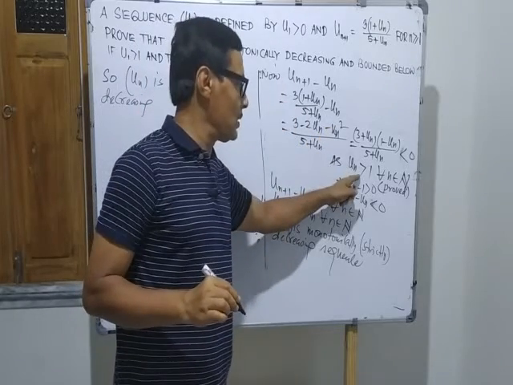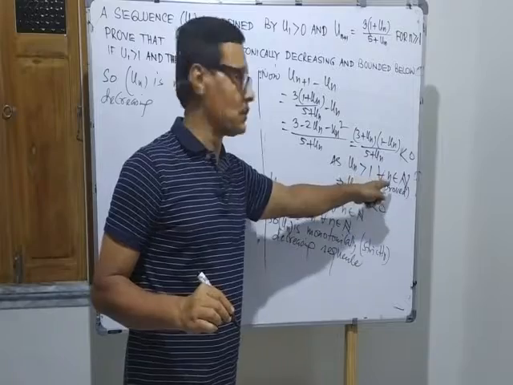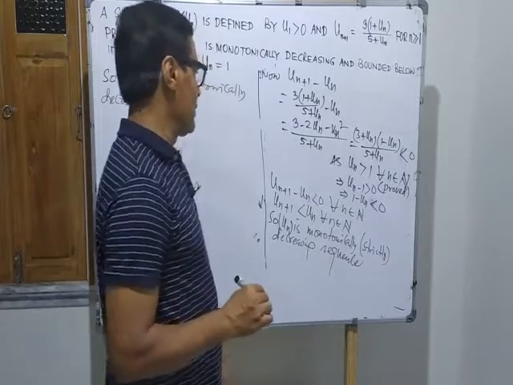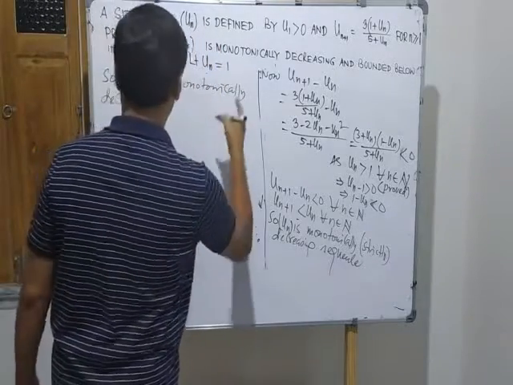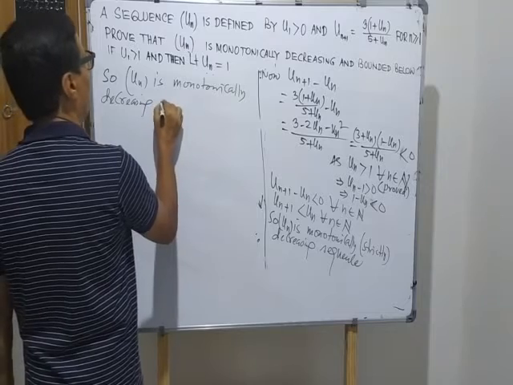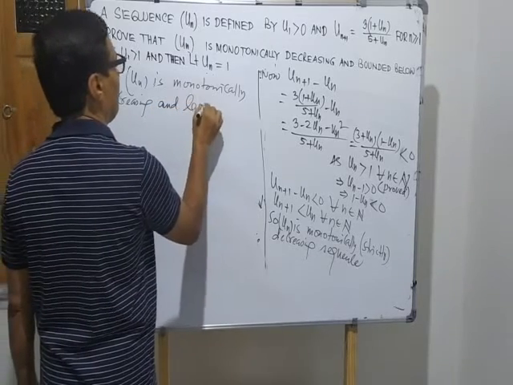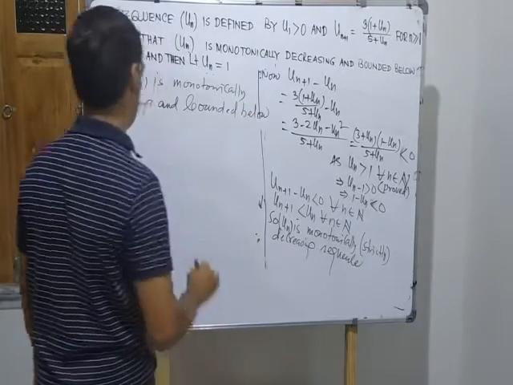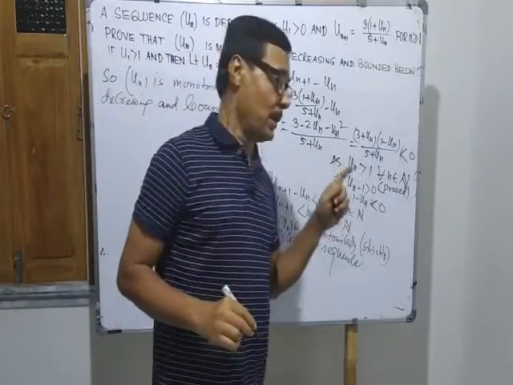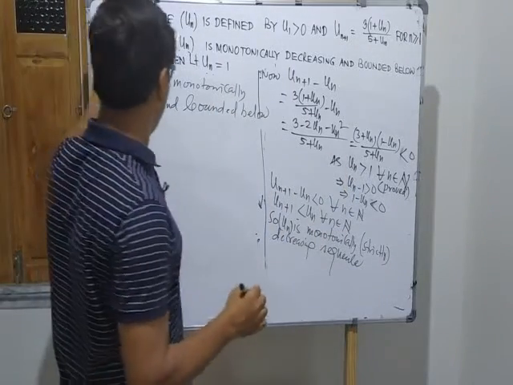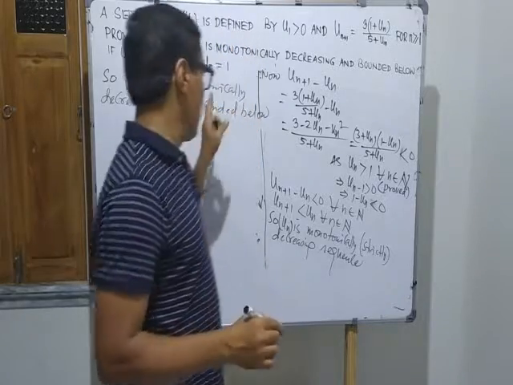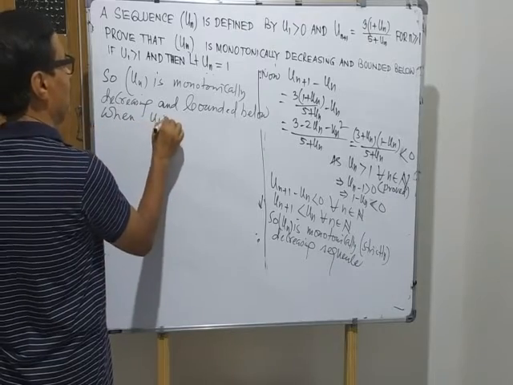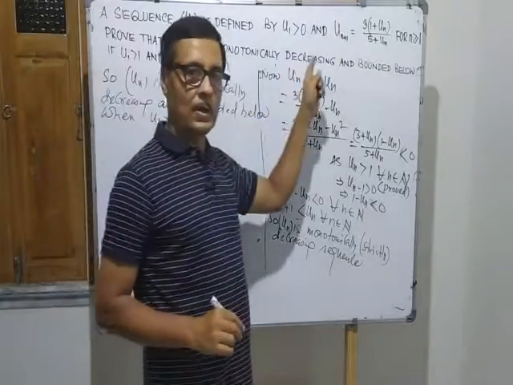The sequence un is bounded below because un greater than 1 for all n belongs to the set of natural numbers, and 1 is the lower bound of the sequence. So we can say un is monotonically decreasing and bounded below. We have proved this under the condition u1 greater than 1. We have proved the first statement.